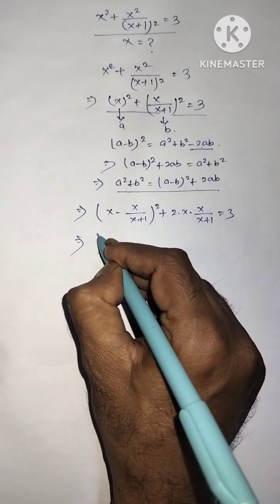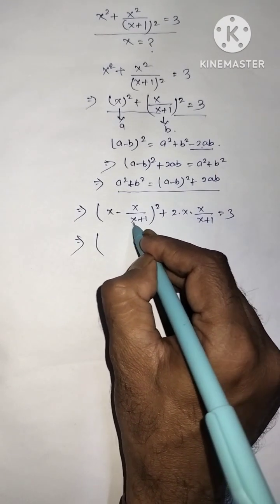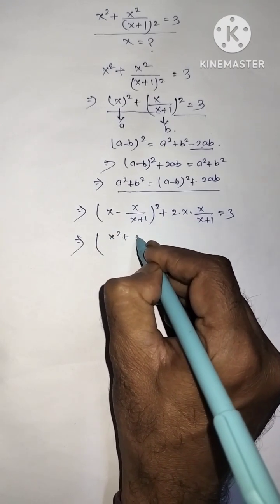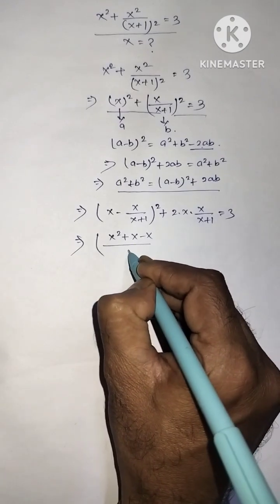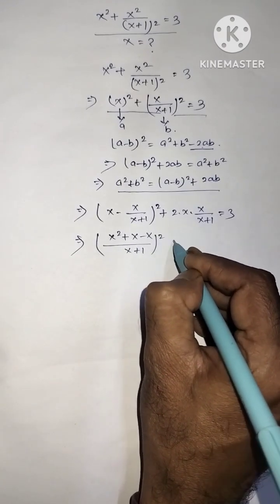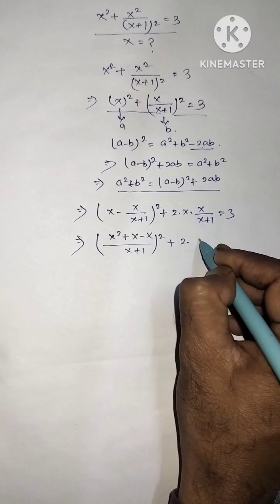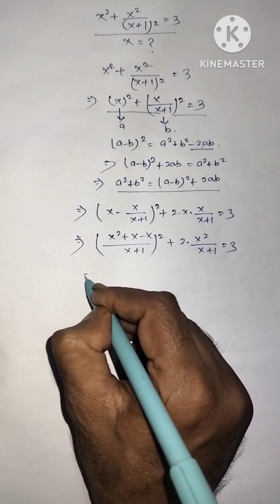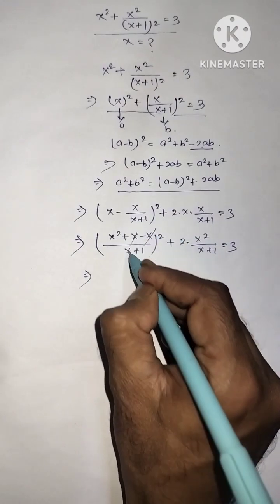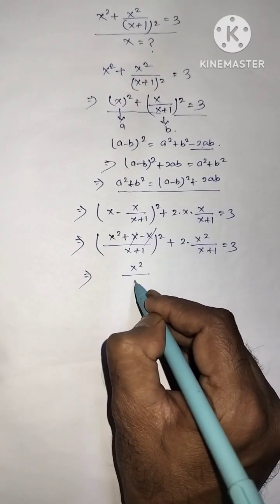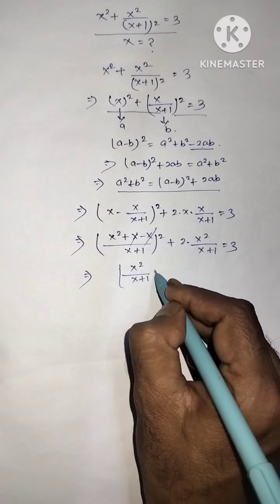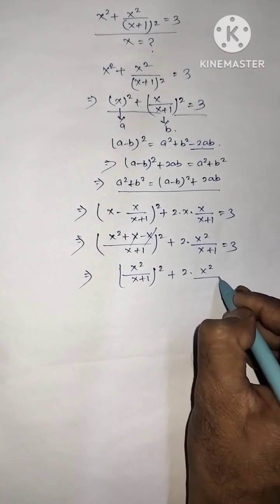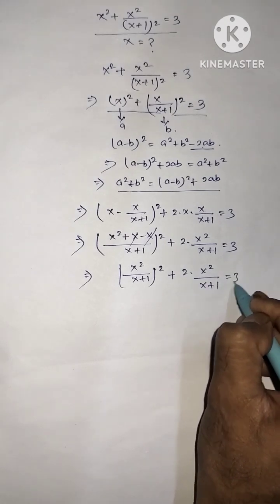Here I will take LCM inside this parenthesis and can write (x raised to power 2 plus x minus x over x plus 1) whole square plus 2 times x raised to power 2 over x plus 1 equal to 3. This will be (x raised to power 2 over x plus 1) whole to power 2 plus 2 times x raised to power 2 over x plus 1 equal to 3.